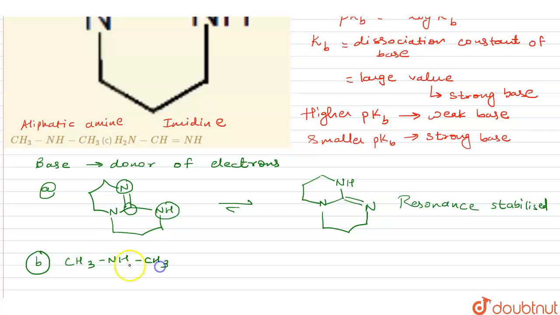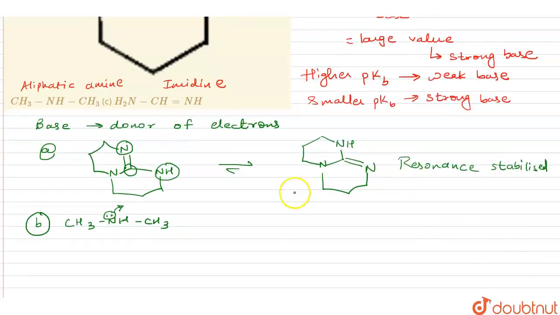So when I'm talking about B being a simple aliphatic amine surrounded by two methyl groups over here, you can definitely say that the lone pair over nitrogen would be available very easily as compared to the one in guanidine, because we have certain participation of our nitrogen in this resonance part.